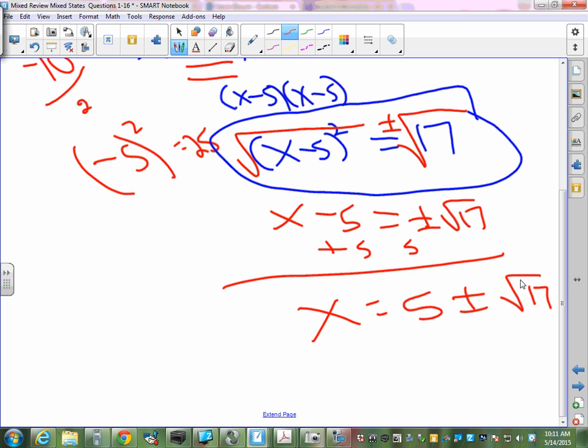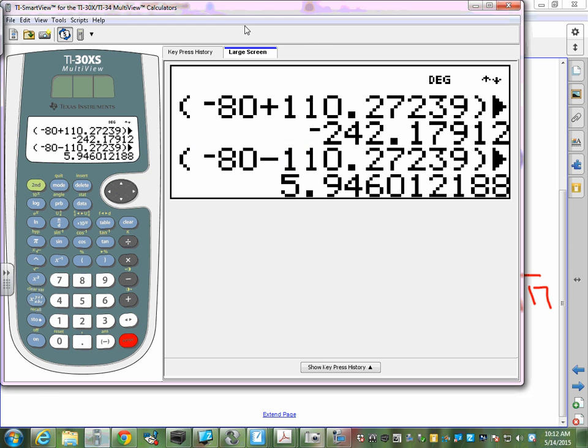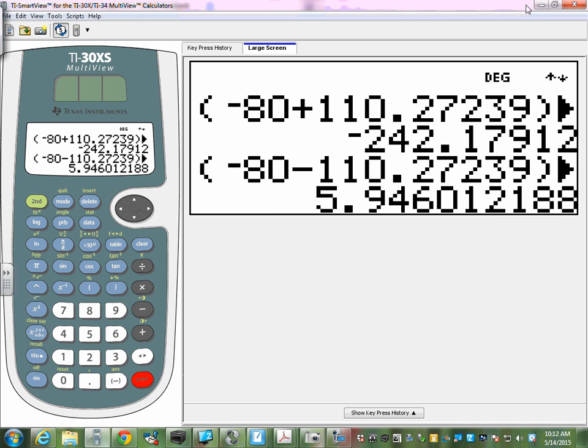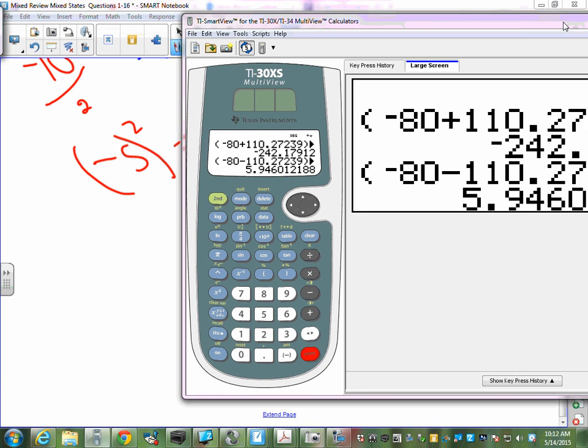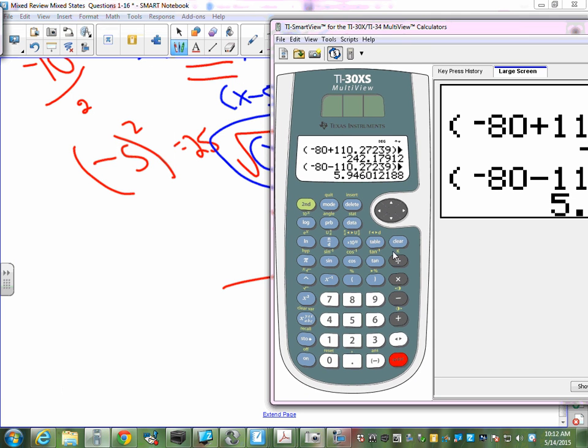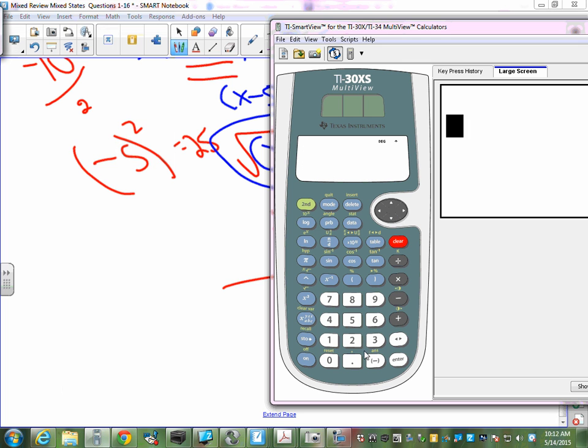On the calculator part of your EOC, they may ask for the decimal approximation. So they may ask you to type that in. Let's get our calculator out real quick and approximate this using our decimals. You want to do negative 5 plus the square root of 17.